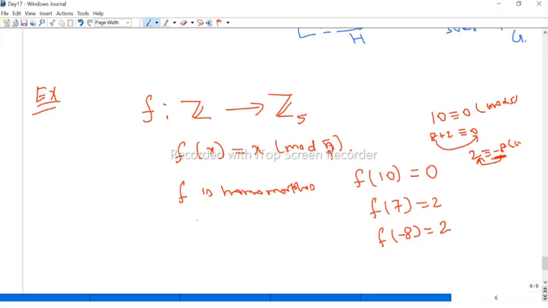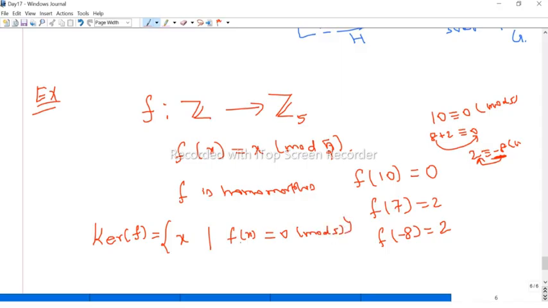Now, what is the kernel? Whenever we define a homomorphism, we can talk about the kernel. So what is the kernel of this homomorphism? By definition, we collect the integers such that f of x is 0 modulo 5.